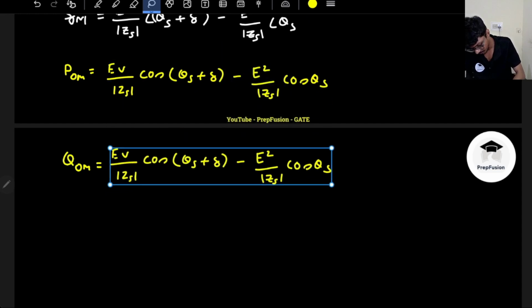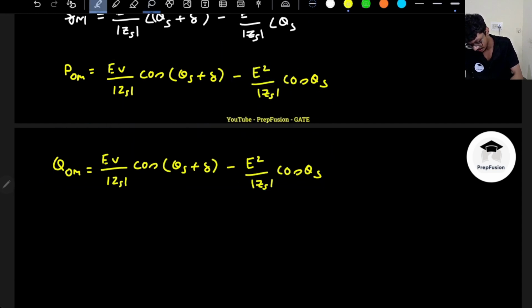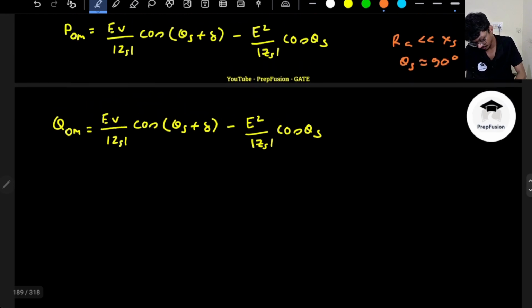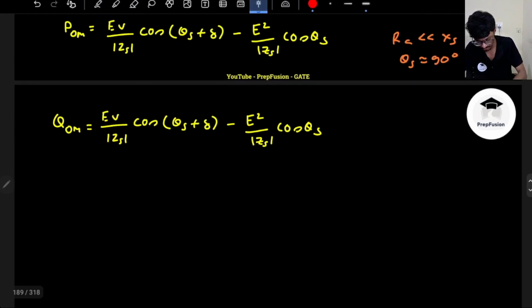Okay, now few things I want you to notice. Again let's do the same analysis. Again let me say Ra is much lower than the synchronous reactance. Then that means my theta s will roughly be 90 degrees. So now what will this be replaced to?